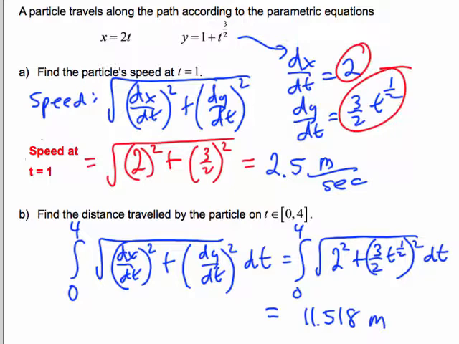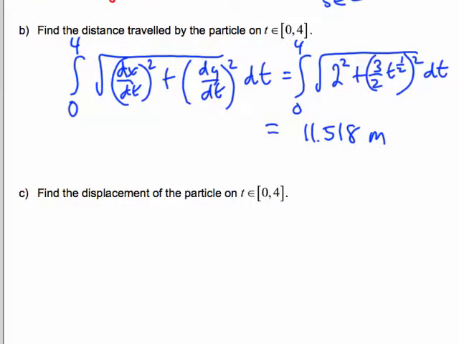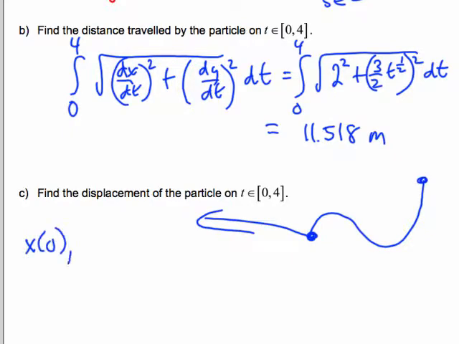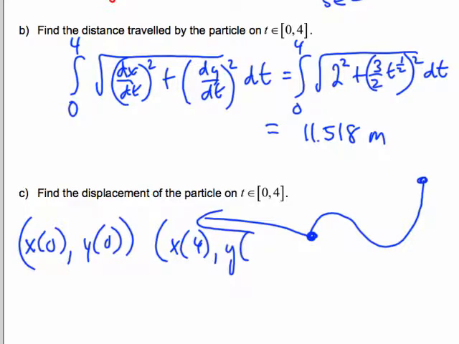And now the last question is displacement. What's the displacement of the particle from 0 to 4? Well, remember, if I go back to my curve, displacement is just ending position minus beginning position. And since the position is in 2 dimensions, our beginning position would be and our ending position would be, and if I look at my parametric equations from above, just copy them down here again.